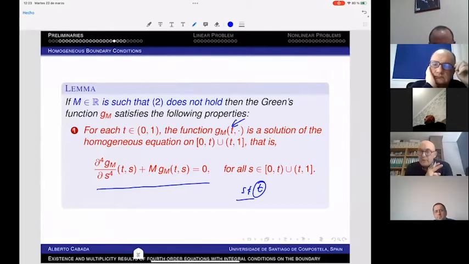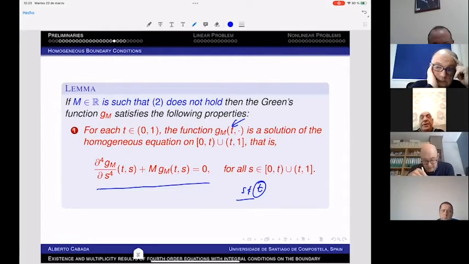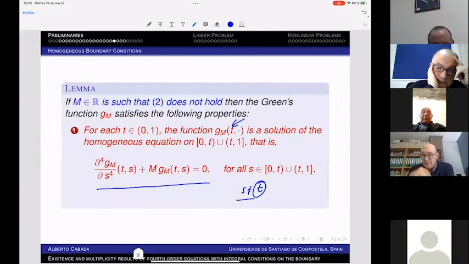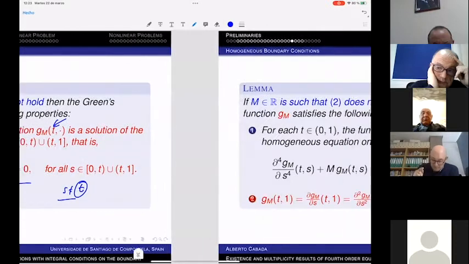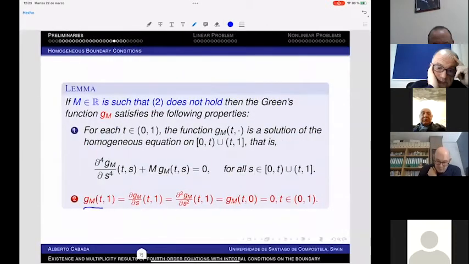In my paper with Saavedra, what we prove is that when we derive with respect to s, fixing t and moving s, the Green function solves the adjoint equation. What happens is that in this case, the adjoint equation has boundary conditions that are not the same.